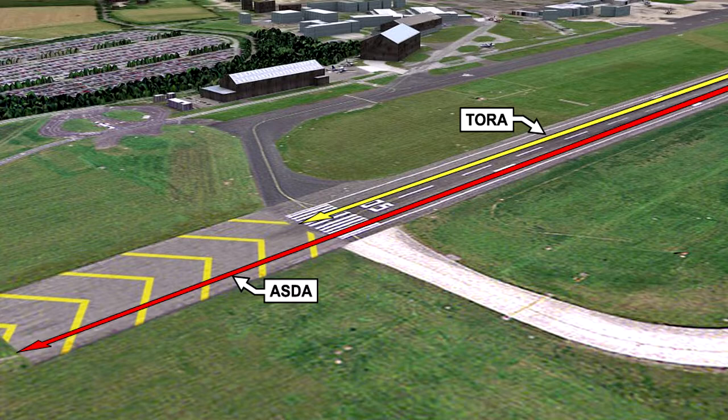Remember though, the ASDA is to be used solely for the rejected takeoff. This will be covered in detail, particularly when we deal with the medium-range jet, the Boeing 737, in the Class A section of this course. In simple terms, the ASDA is equal to the length of TORA plus the stopway if a stopway is present.